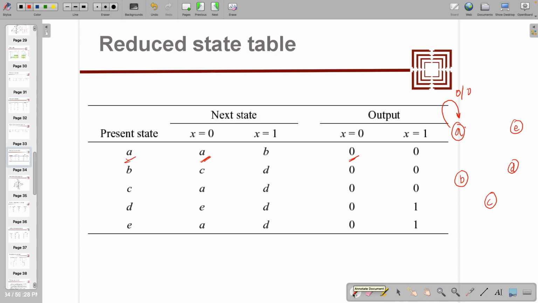Right. If present state is A, next state is B when the input is 1 and output is 0.